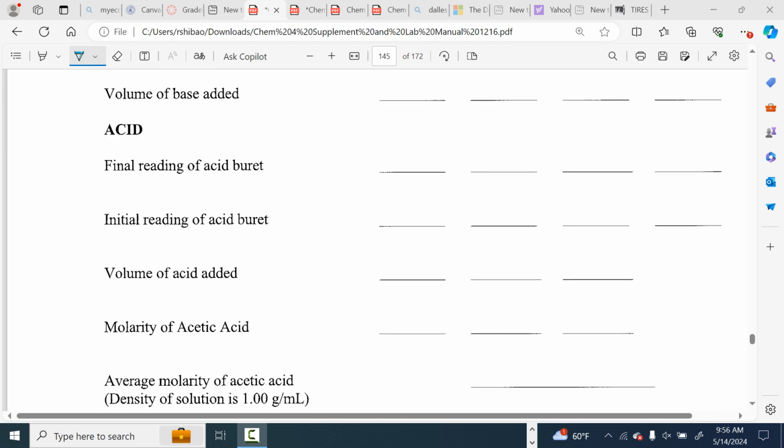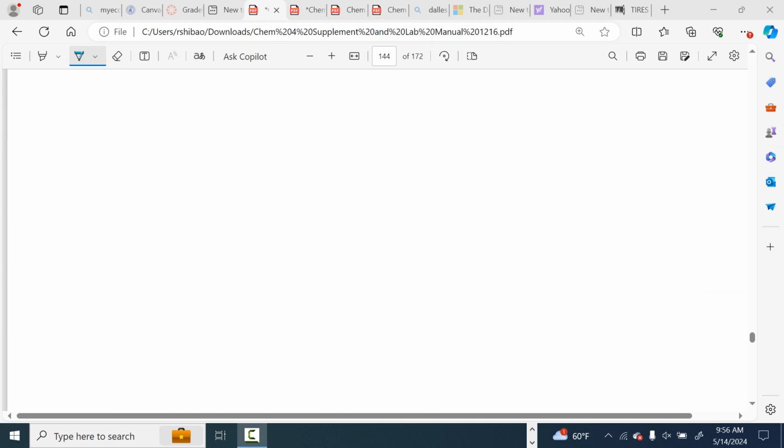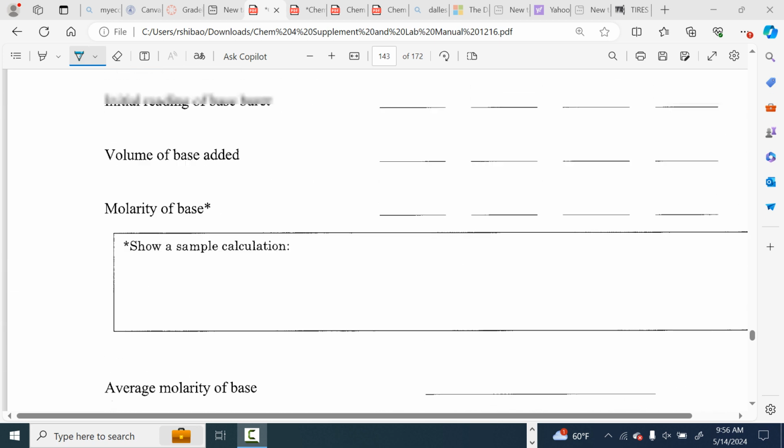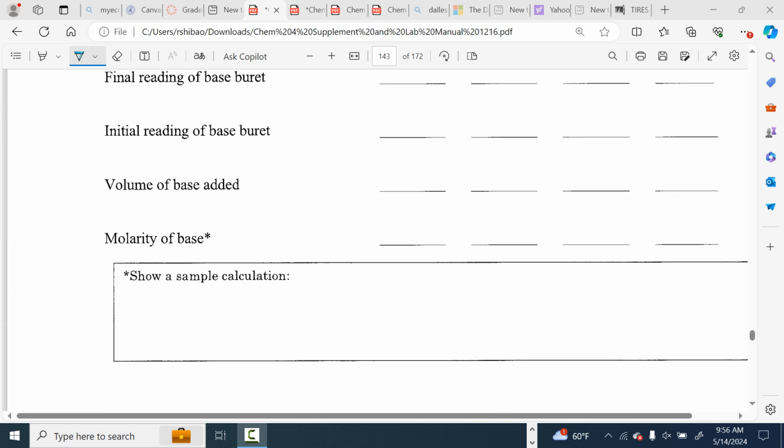Okay. So anyway, we get the average here. If you had to do 4 runs, and because the percent difference was too large, greater than 0.5%, then you could eliminate the outlier.